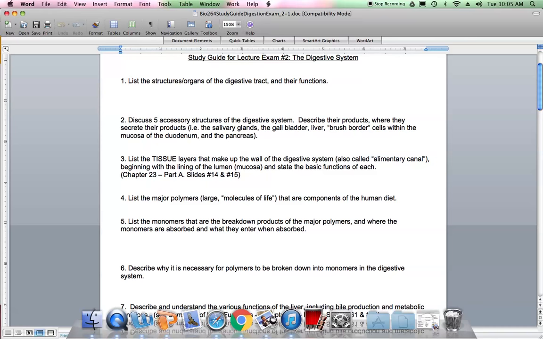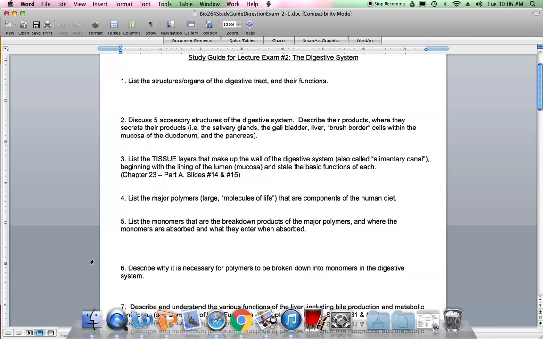But the building block unit for nucleic acids would be the nucleotides, such as adenine, thymine, cytosine, and guanine for DNA. It's slightly different with RNA, but you will find all of this in a review in our textbook. I believe it's chapter 3, but I also put up a PowerPoint that reviews these major polymers and the monomers that they are built with.